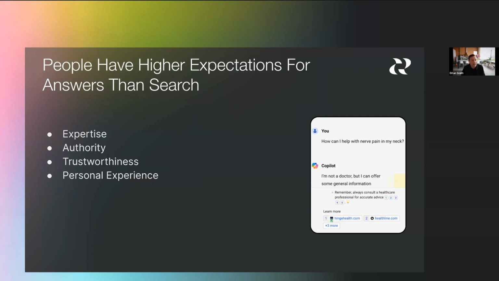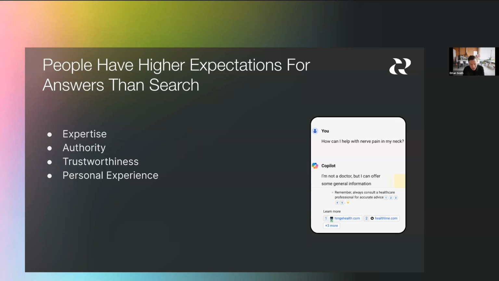Whereas in search, Google is saying, here are some options, I'm not really sure, but Google's not putting their brand behind what's being said, whereas chat sort of is. So it's pretty high stakes to get this correct, which means that the source matters a lot more. So all these expertise, authority, trustworthiness signals have mattered in the past and they matter even more.